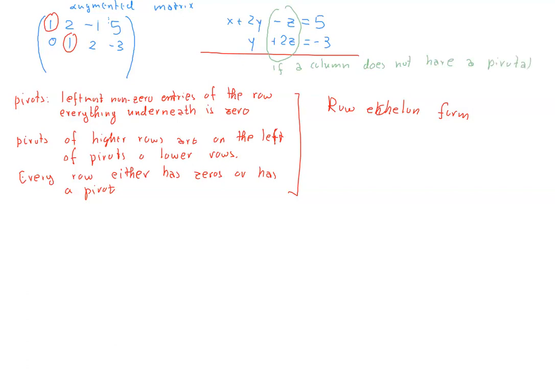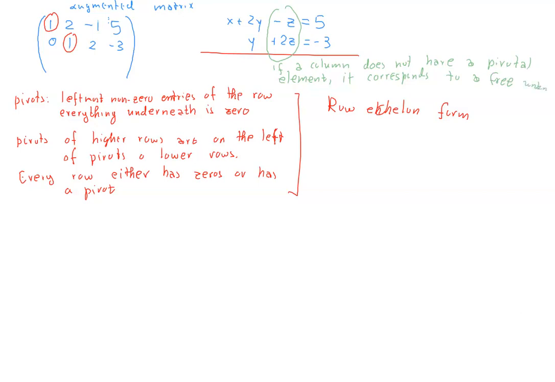A pivotal element corresponds to a pivot unknown. And you always solve it from the bottom to the top.